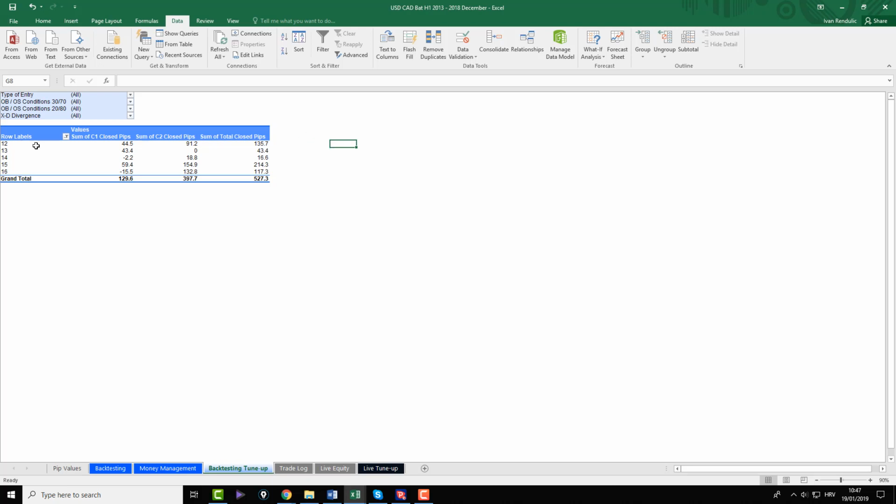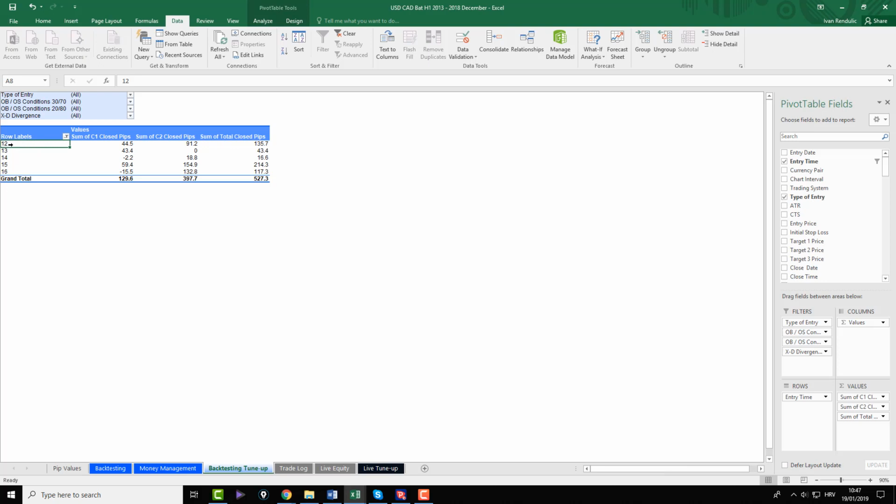So for example, in cTrader, this would be 11 o'clock. And in NinjaTrader, Ninja is showing the time when the candle closes. So that's why I'm trading this from 11 o'clock until 15 o'clock, just so that you understand this.